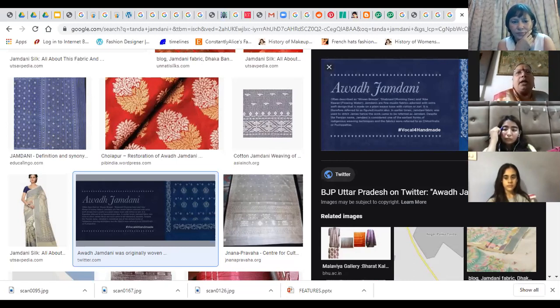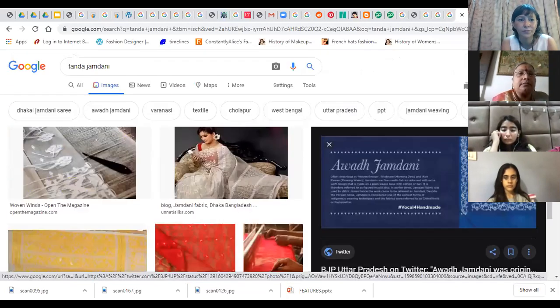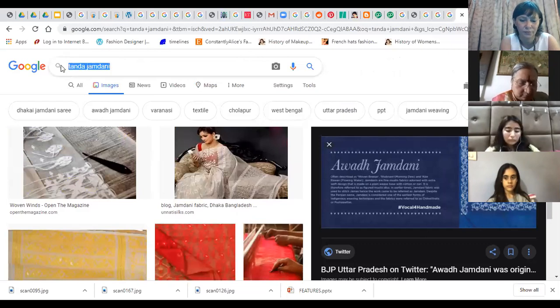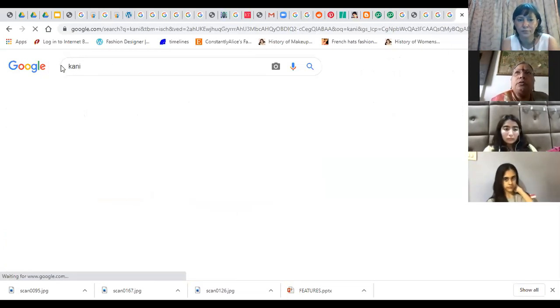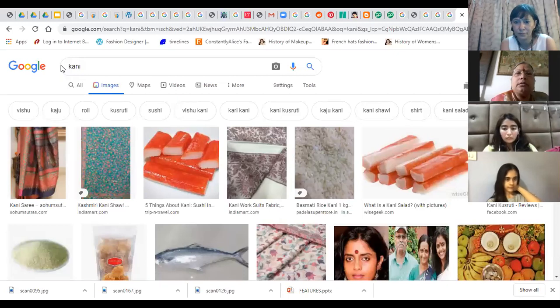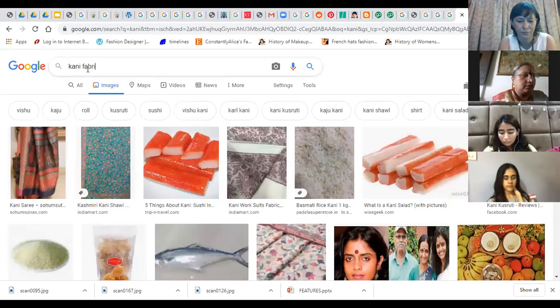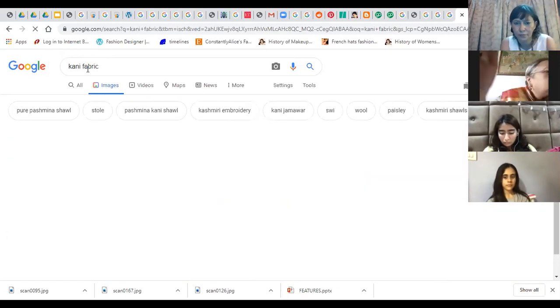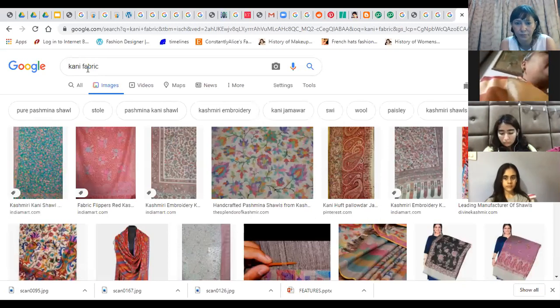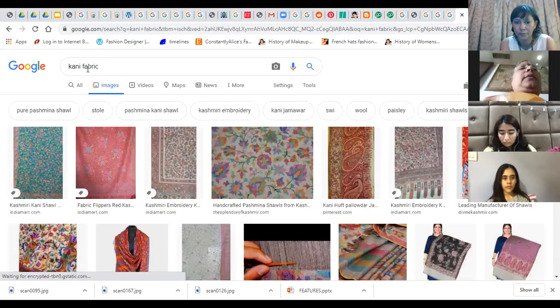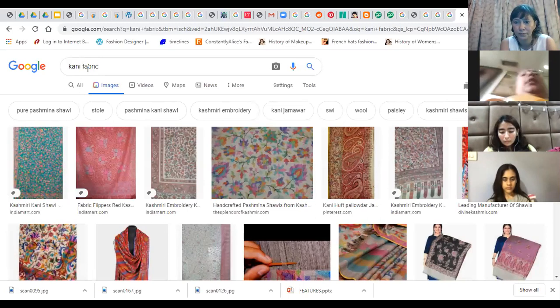Okay, so now you know about Onloom Stage. Have you heard of Kani? Kani from Kashmir. Kani is a woolen brocade.